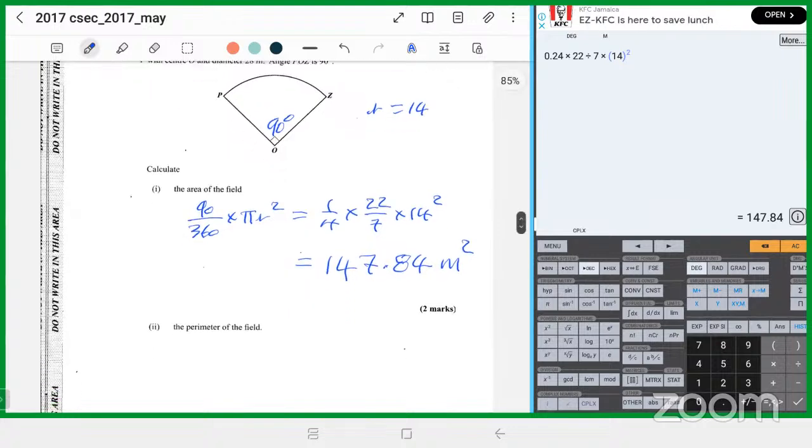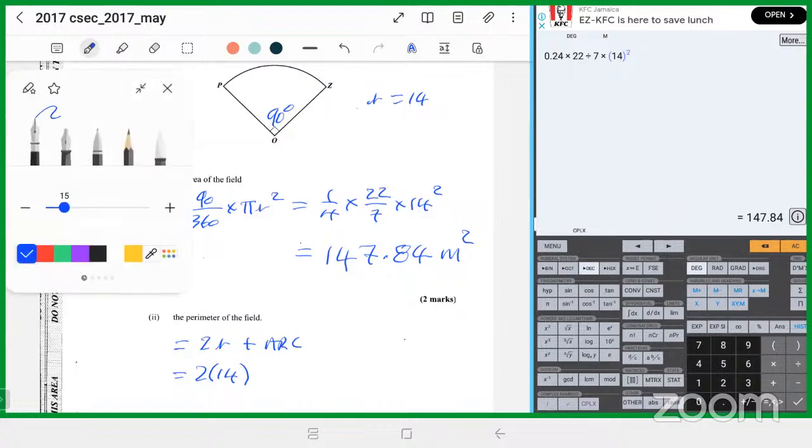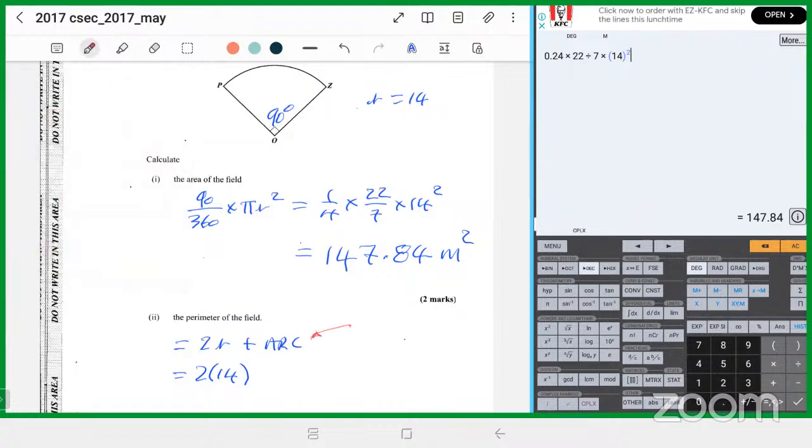Let's set it up. So the perimeter becomes the 2 radii, which is r plus r. Let me just write 2r for 2 radii, 2 times the radius, plus the arc. So it's 2 times 14. The arc is going to be theta over 360 times 2 pi r, a fraction of the circumference.